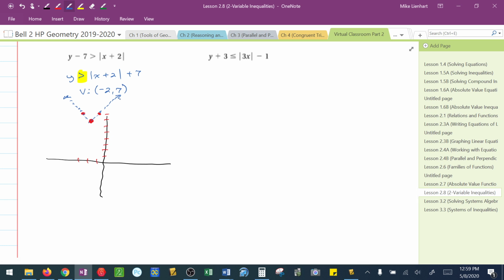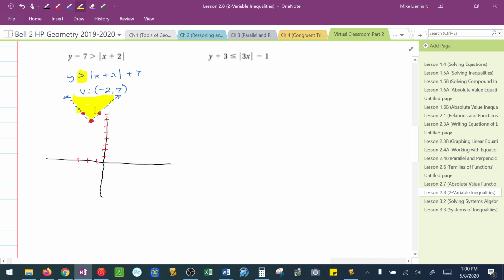Last thing, y's are big, y's are little. Now, notice the inequality says y's are big. Would they be big inside the V or outside the V? Well, big is up high, right? So we're talking about locations inside the V.